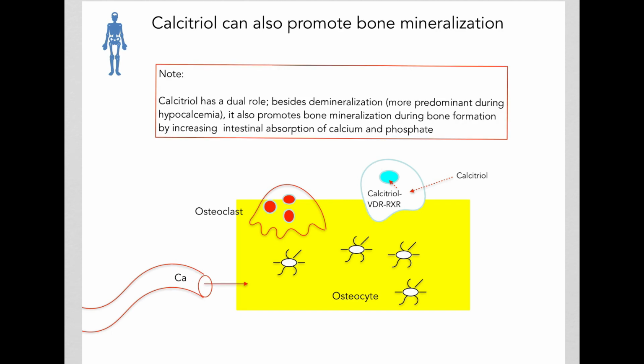Now, it should be noted that calcitriol can also promote bone mineralization. So calcitriol has a dual role. It can demineralize bone, which is more predominant during hypocalcemia, but it can also promote bone mineralization during bone formation by increasing the intestinal absorption of calcium and phosphate.